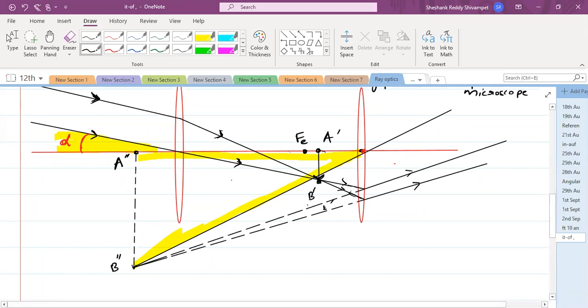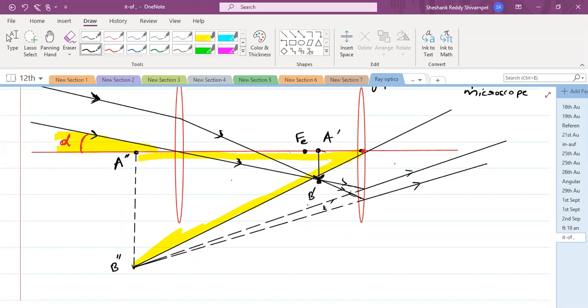Angle subtended by A dash B dash or A double dash B double dash, is it the same? Same है क्या? Same है ना? Right.